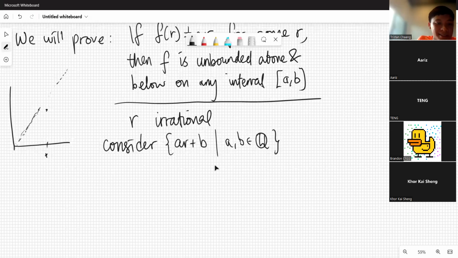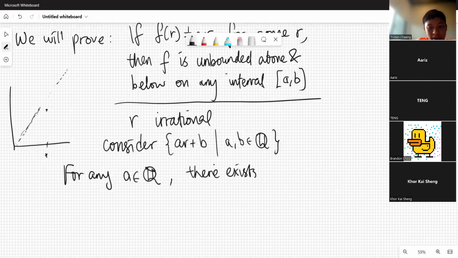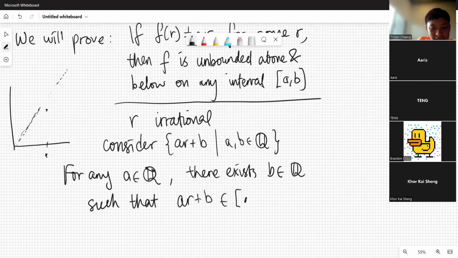But the thing is, for any a, there exists b such that ar plus b is inside (a,b). Hang on, I should not use a and b. I already used that in the interval notation.